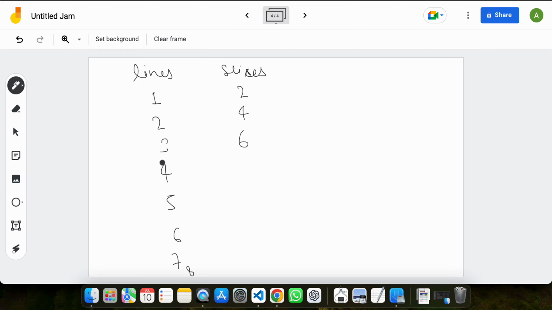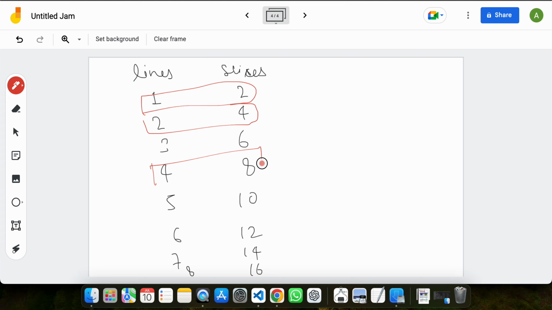So slices will always be 2 times the number of lines. Here in this case 8. In the case of 5 we will get 10, 12, 14 and 16. Now here we will straight away remove the numbers which are powers of 2. This is a power of 2, this is a power of 2, 8 is a power of 2 and 16 is also a power of 2. So in the case of all these slice counts, we will straight away return 0.